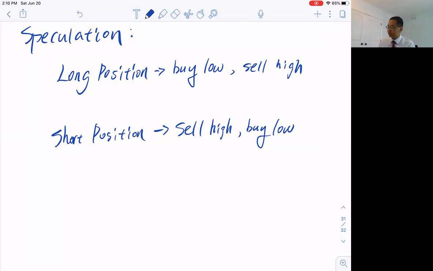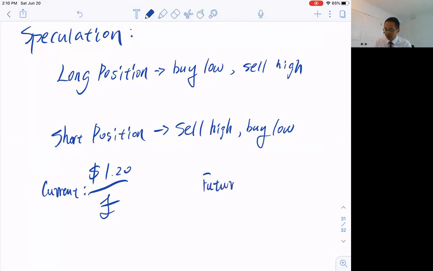Okay, excuse me. So let's say that currently it is, let's say, $1.20 per pound. Okay, that's the current spot rate. Okay, and you expect in the future, maybe expected future spot rate, right?